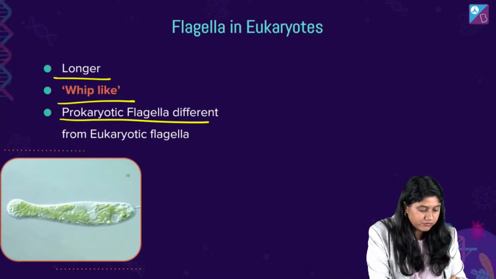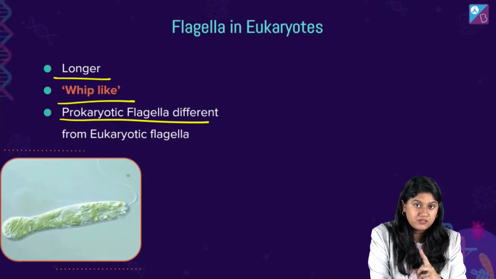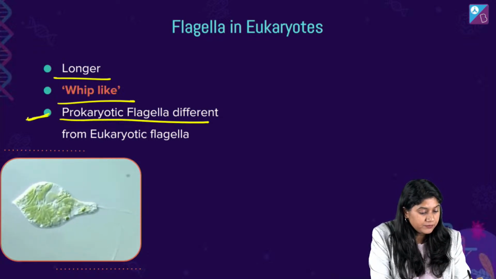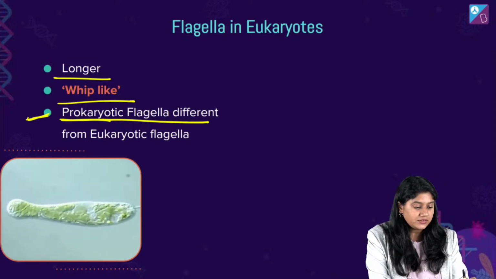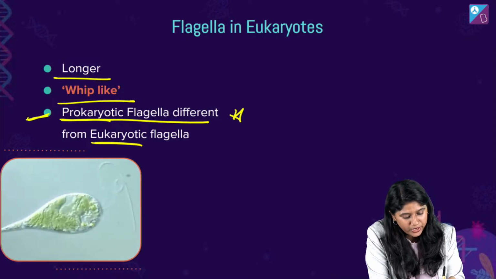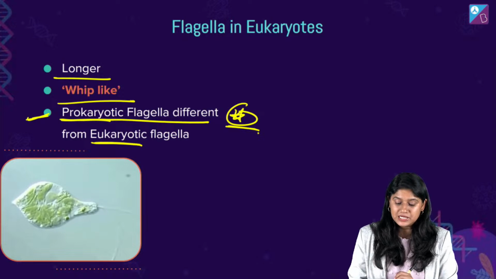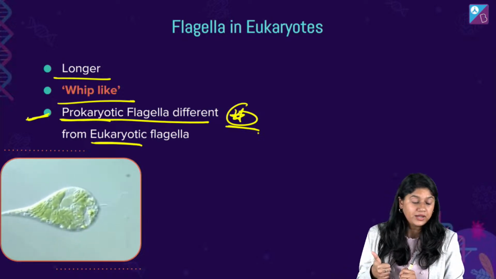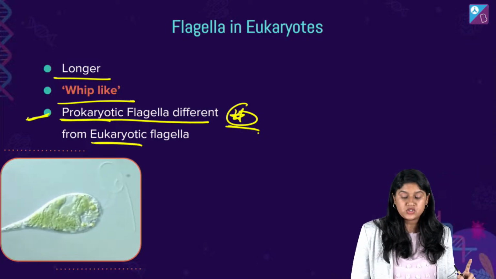So in prokaryotic flagella, we know that's an action. But when we talk about the prokaryotic flagella and the eukaryotic flagella, they are different. This is an important point for all of us to remember. They're different from each other. Clear, everyone? I hope all of you are clear with this. They're different from each other.